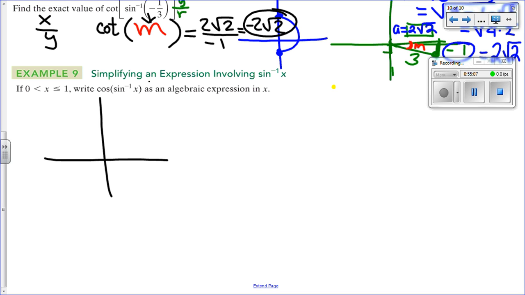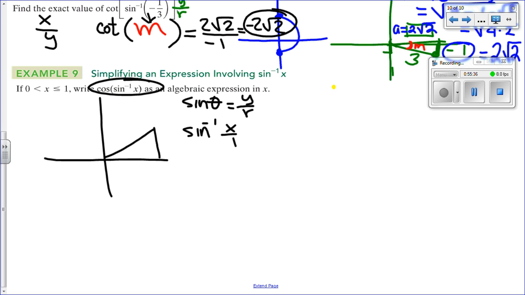You sound rude. Okay, so sine inverse. Okay, so sine it is. What is sine? Y over R, right? So right here they're telling us that x, the sine inverse is x over 1.